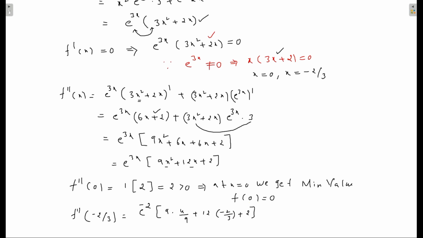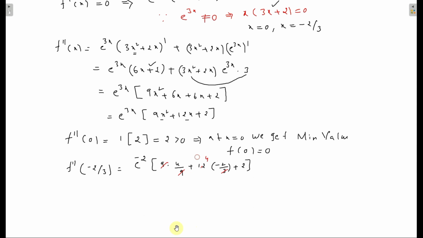So 9 gets cancelled, and 3 times 4 is 12. On simplification, I will get e^(-2) times (4 - 8 + 2), which is -8 + 4 = -4, and -4 + 2 is -2. So this is -2/e², which is less than 0.